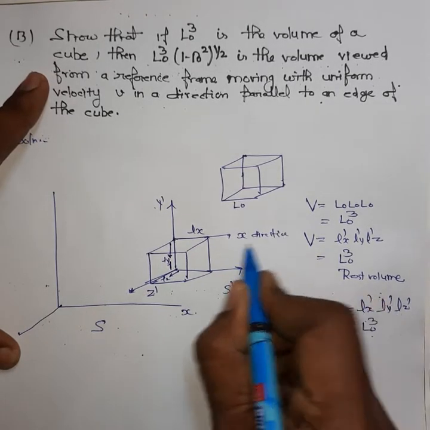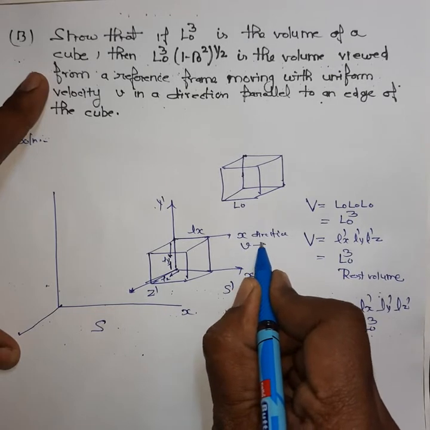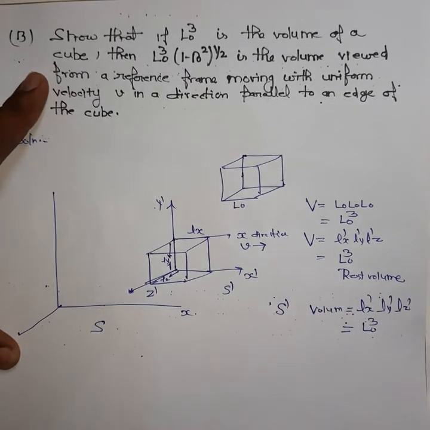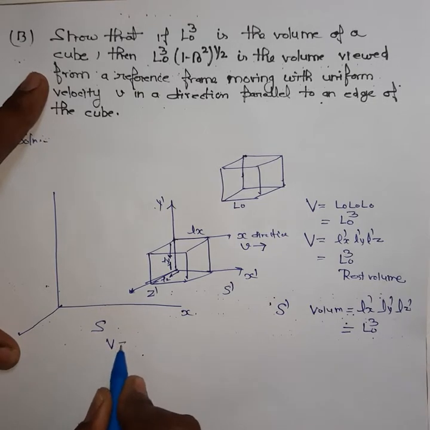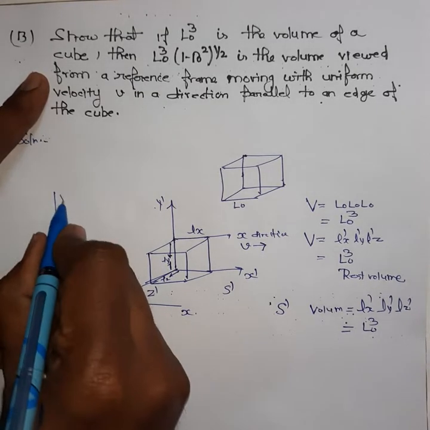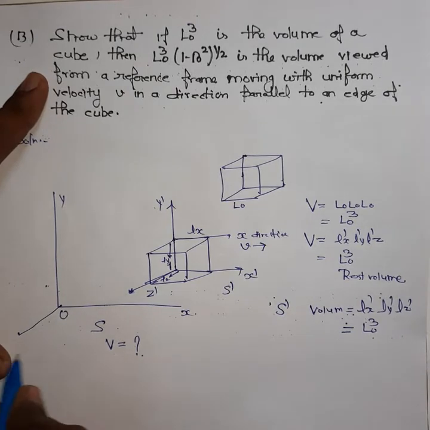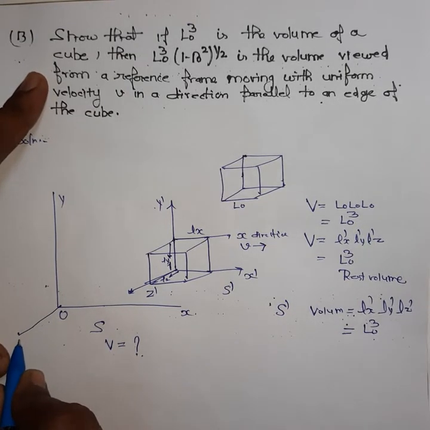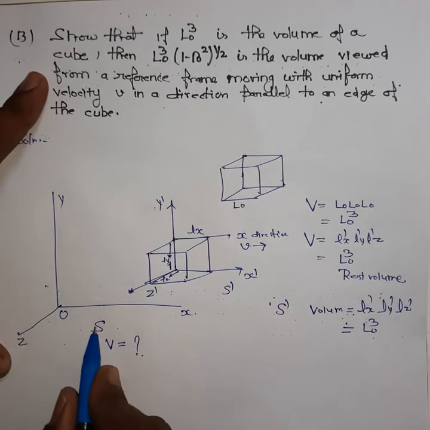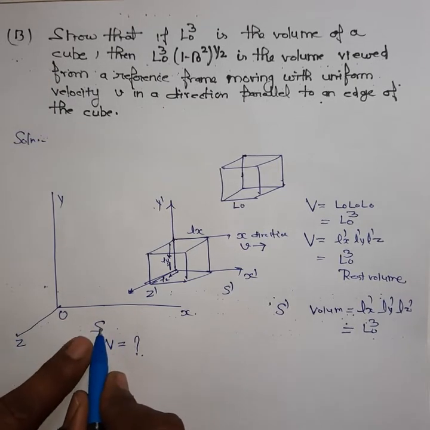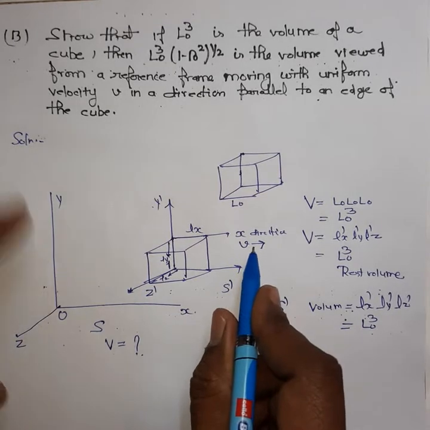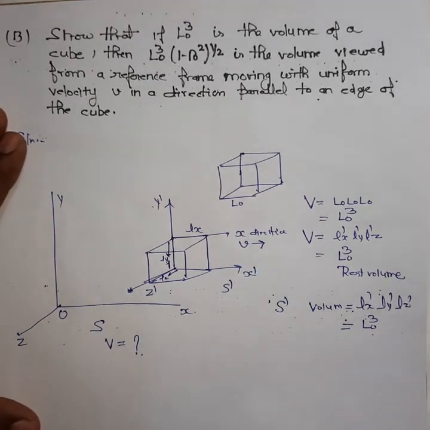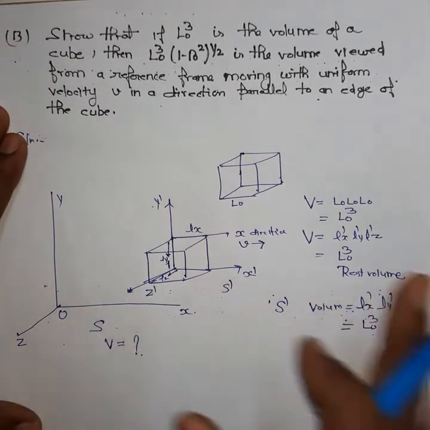What is the volume observed by the observer of this frame of reference? For S frame of reference, this cube is moving with velocity v in positive x direction. So definitely there should be some length contraction.